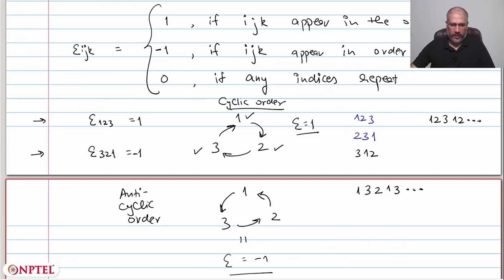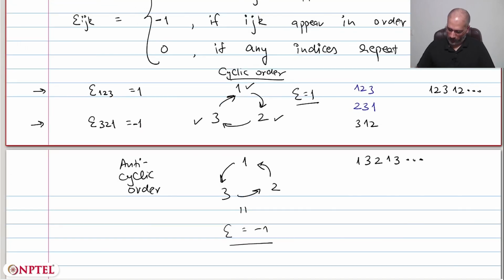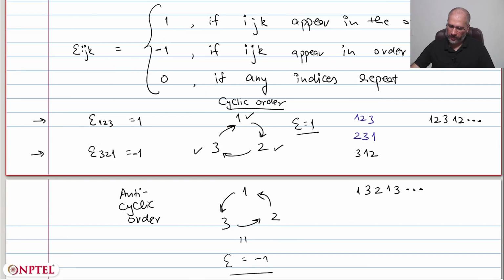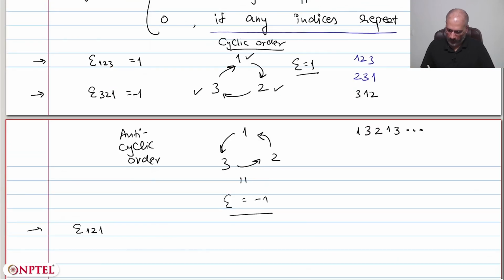So let's take another example. So what is epsilon 1, 2, 1? Now in this case, it goes into the third case where it says that if any indices repeat. So in our example that we've just shown, it's 1, 2, 1, so the index 1 repeats.